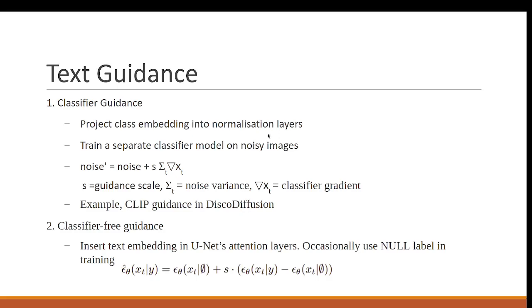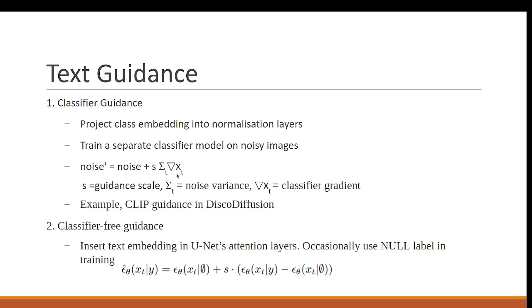So at every time step, we show the noisy image to the classifier, and it gives a loss function, the softmax of the classes, and then we backpropagate the gradient to the image, not to the weights of the classifier, but to the input, which is the noisy image.